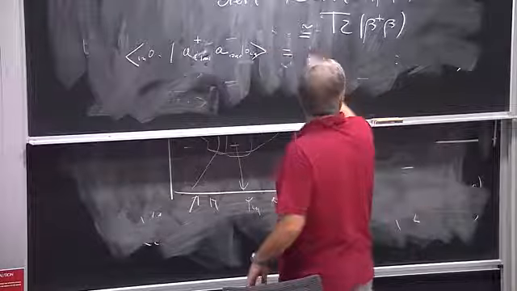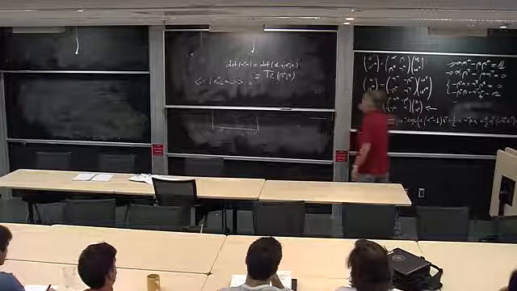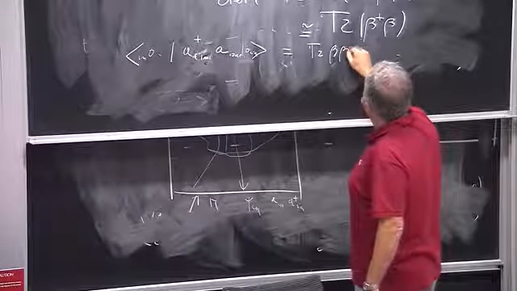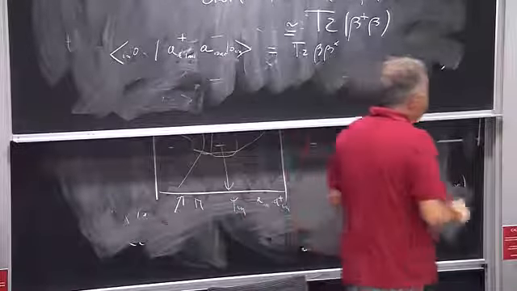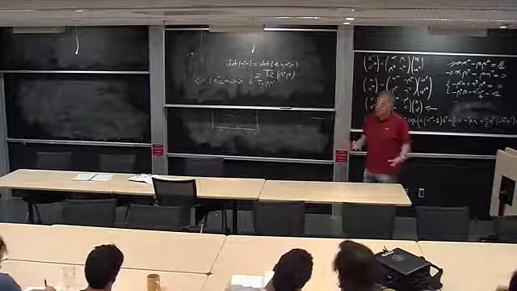This is because of this beta star beta here. This is the trace of beta star beta if you sum. So the S matrix exists if you create a finite number of particles.